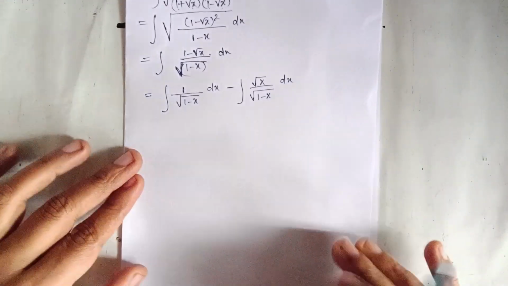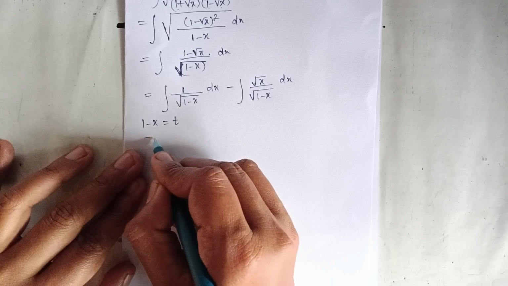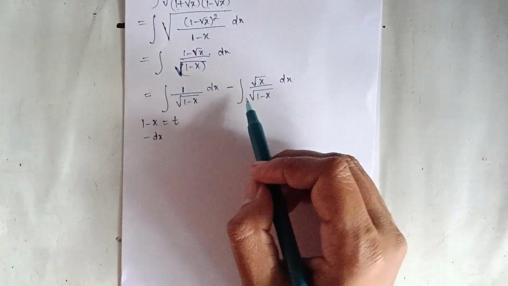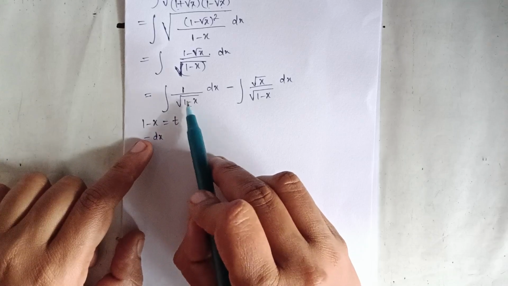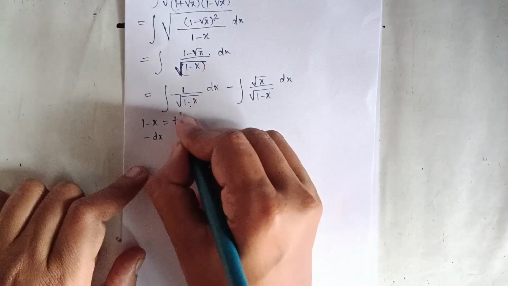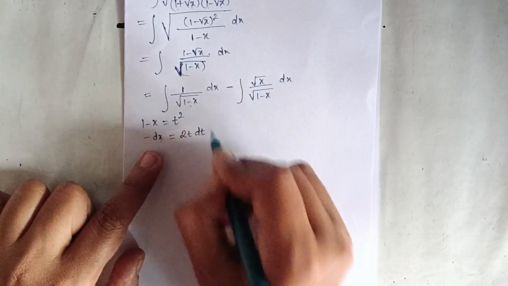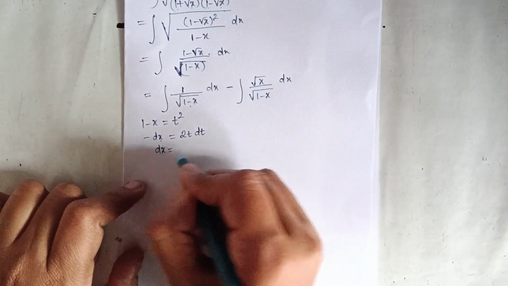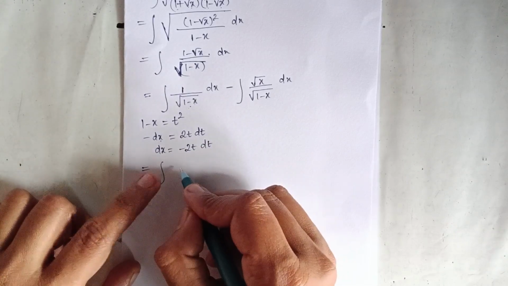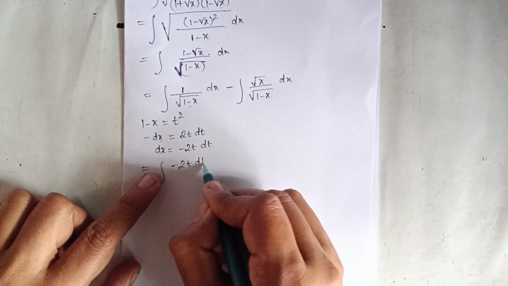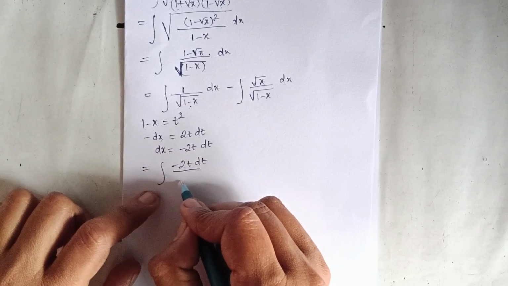Okay. Now I'll substitute 1 minus x as t. So this will be minus dx, not dt. We have to substitute it as t square so that the square and root get cancelled. Okay. So minus dx is 2t dt. So dx is minus 2t dt. Let's substitute. dx is minus 2t dt upon root t square, which is t, right?